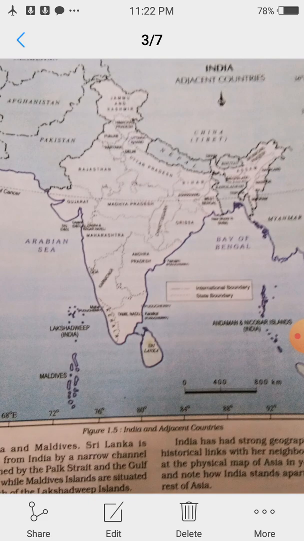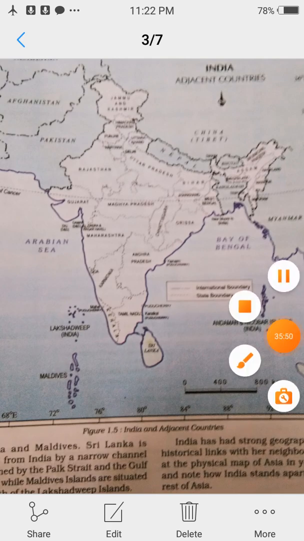And what is a subcontinent? It is a big geographical unit which stands out distinctly from the rest of the continents. So here is the end of the chapter. Thank you.